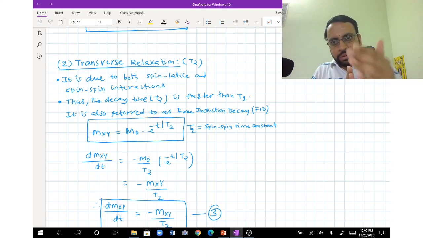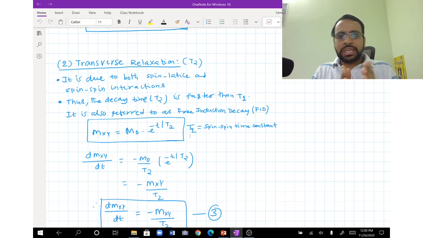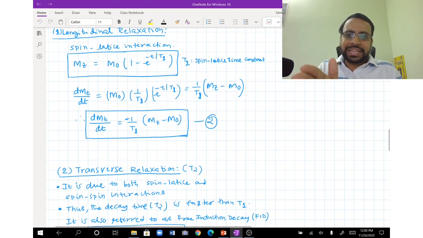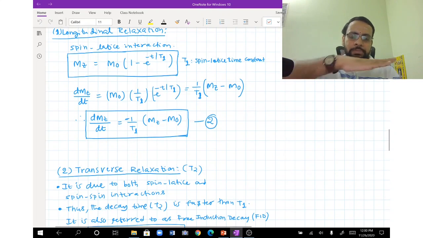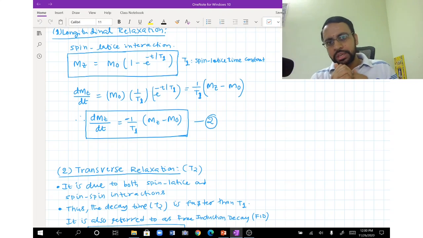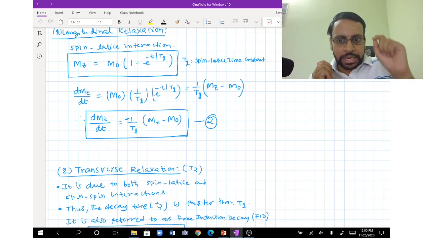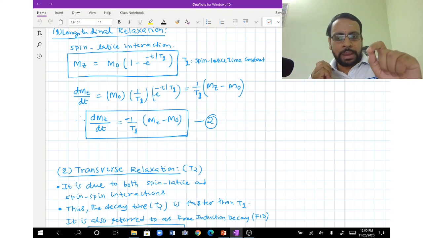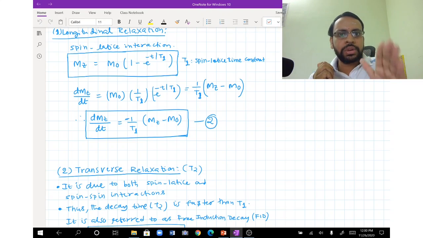First reason, earlier you have seen that there are spin-lattice interactions that are going to happen. Because of that, as it is coming up towards the z axis, the xy component keeps reducing. In addition to that, another phenomenon that contributes to the Mxy, that is the magnetic field in the xy plane, becoming 0 is spin-spin interactions.